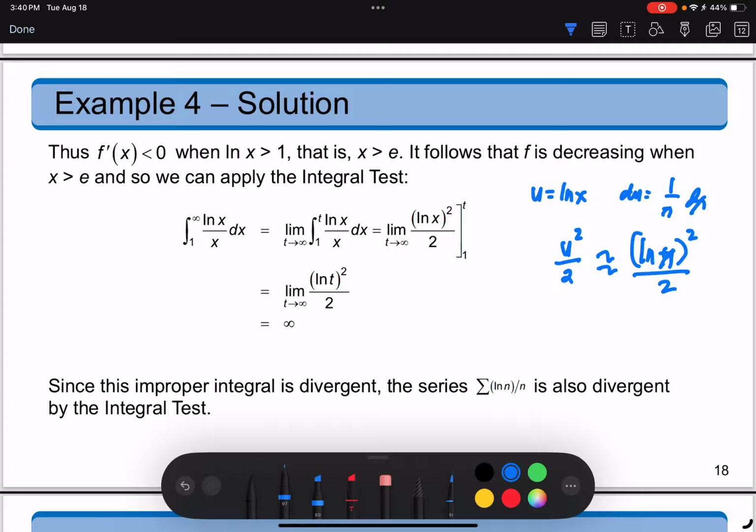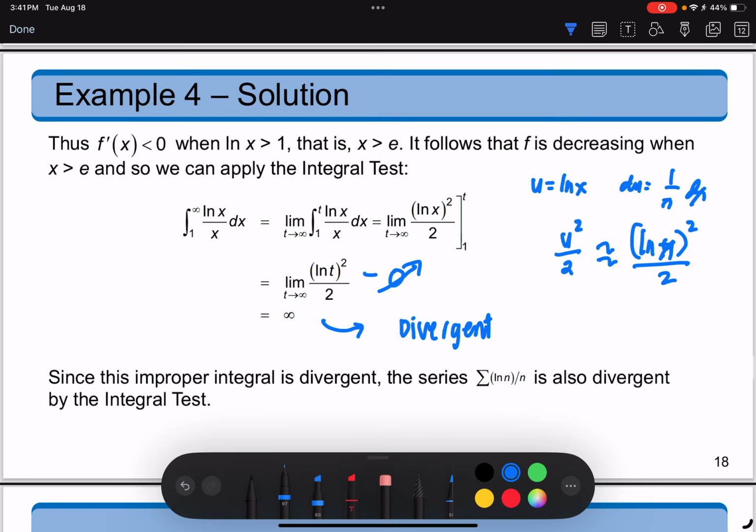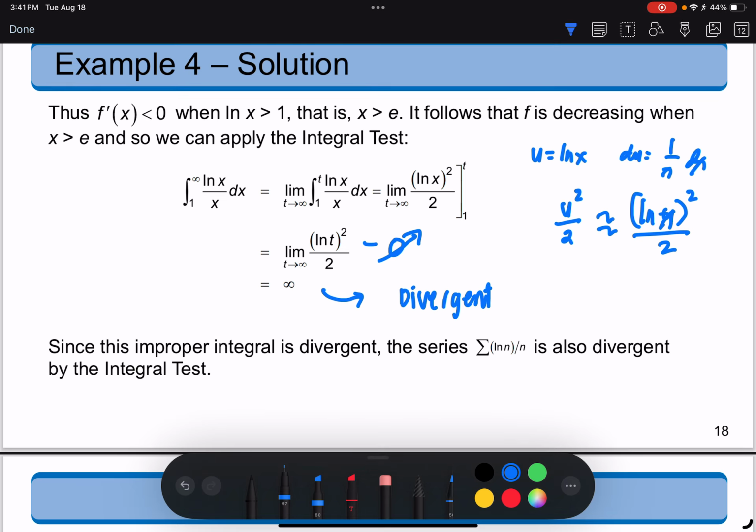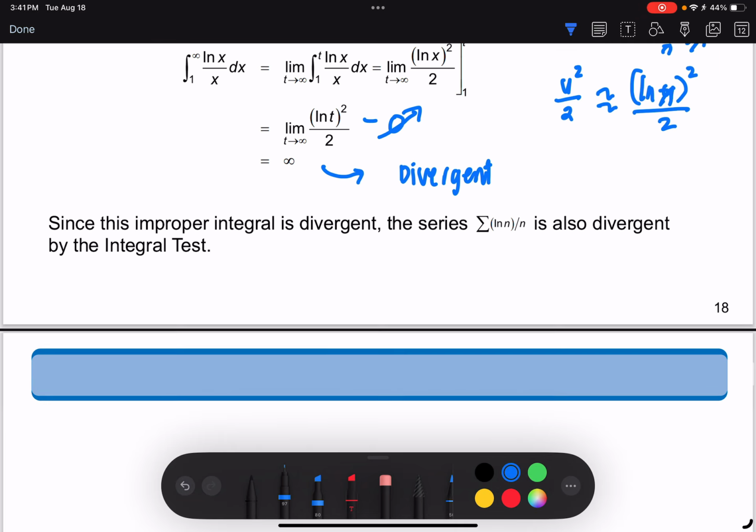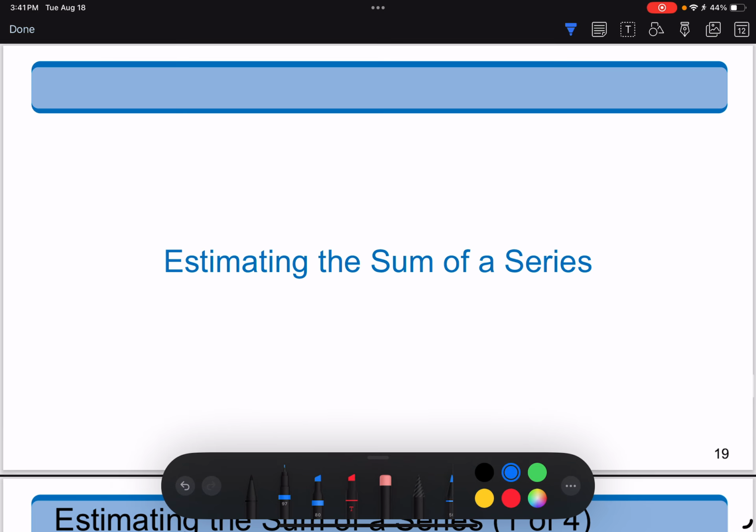We evaluate ln x squared over 2: that's ln t squared over 2 as t approaches infinity, minus ln 1 squared over 2. ln 1 is 0, so this is minus 0. And as t approaches infinity, this would be infinity, so that would be divergent. Since the improper integral is divergent, the series ln n over n is also divergent by applying the integral test.